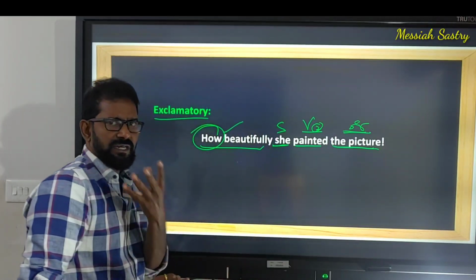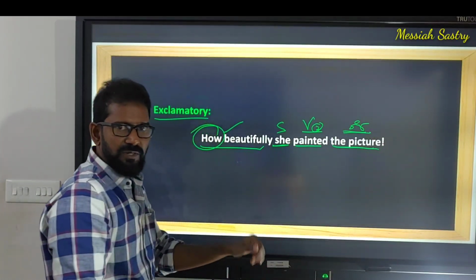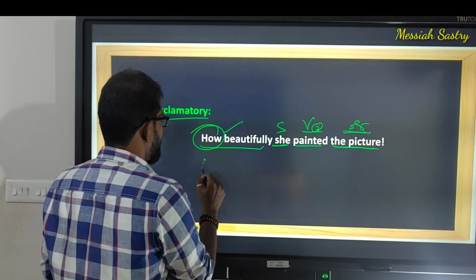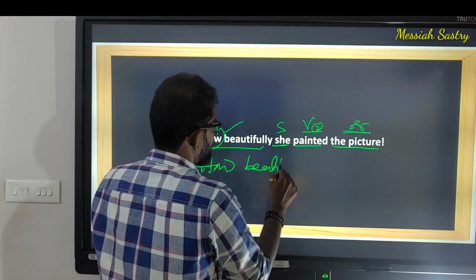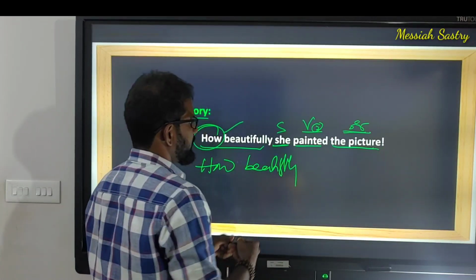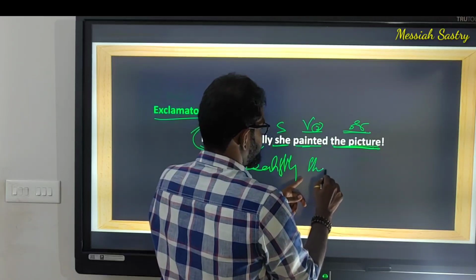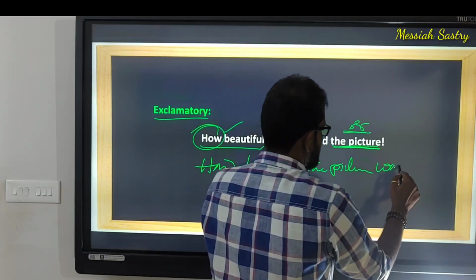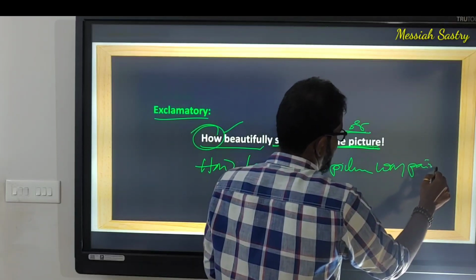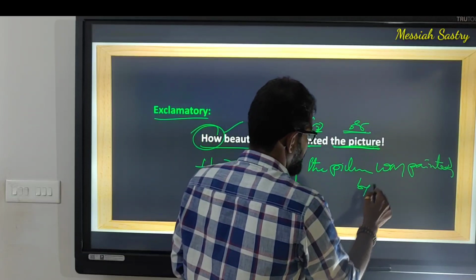Only very few sentences with this kind of syntax are possible in passive voice. Let's see how we should write it. How beautifully the picture was painted by her.